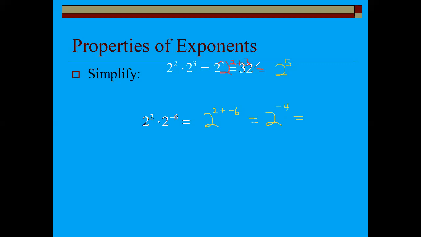So now that we have 2 raised to the power minus 4, which other rule can we apply? That will be the negative exponent rule. So it's 1 over 2 raised to the power 4. So 2 raised to the power 4 will give us what?